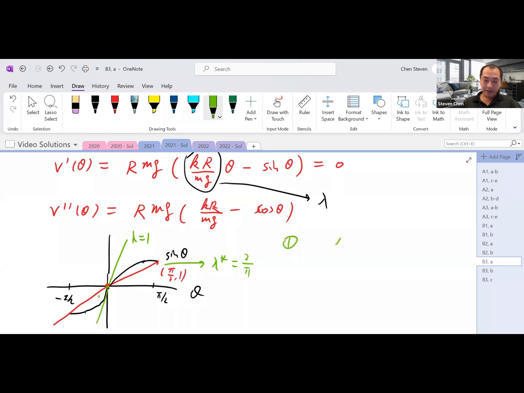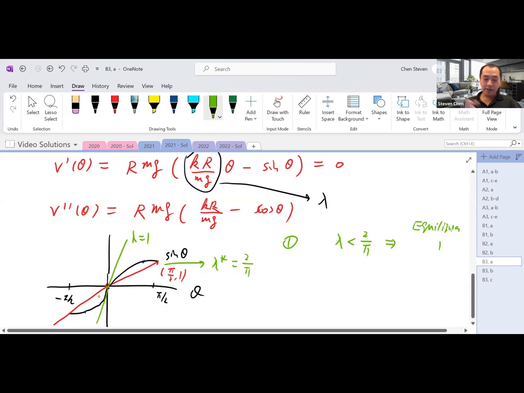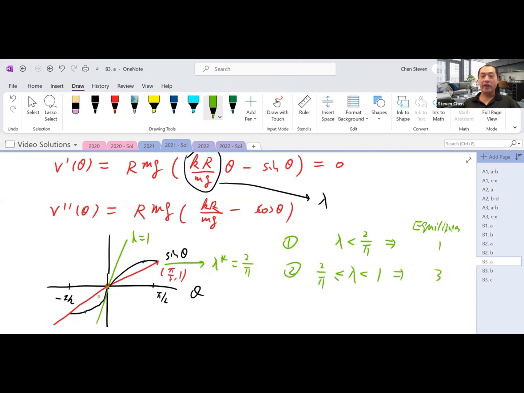So for lambda, if it is less than 2 over pi, the equilibrium is 1. It's just the origin. When lambda is bigger than or equal to 2 over pi, but is less than 1, we have 3 equilibria.